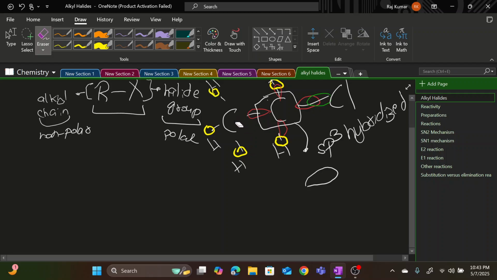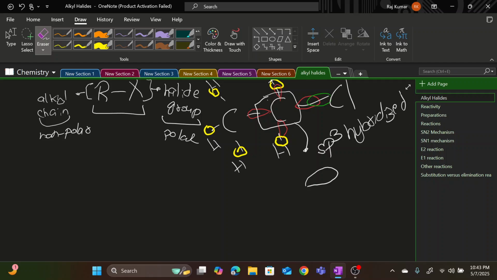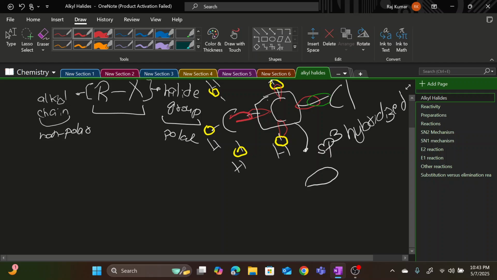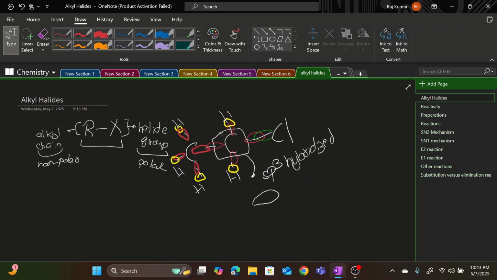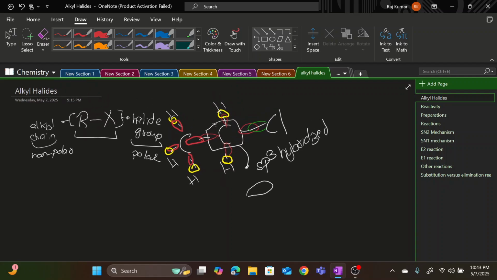This is not going to be an s orbital. This is going to be an sp3 orbital, sp3 orbital, sp3 orbital, sp3 orbital. So this is basically the structure. It's a bit untidy, but that's the structure.